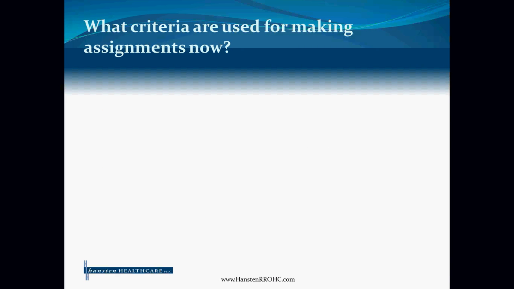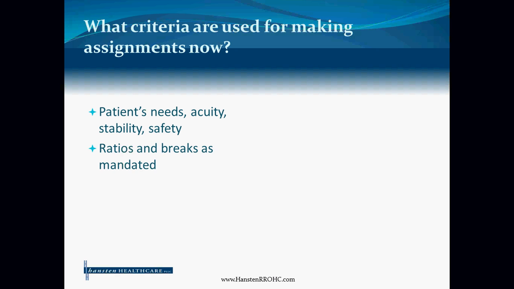If you think about the criteria that you use when you're making assignments, step back and consider all the various ideas that you have to take into consideration. Besides the 5 rights of delegation and supervision, you're really looking at the patient's needs, and how stable are they, what do we need to do for patient safety, and how sick are they.